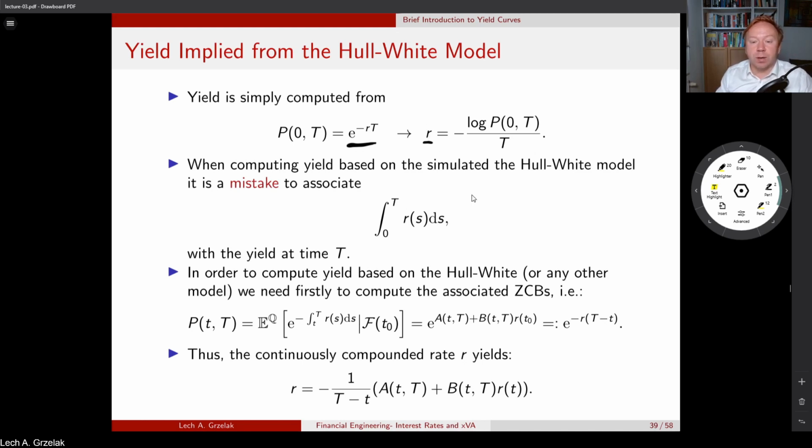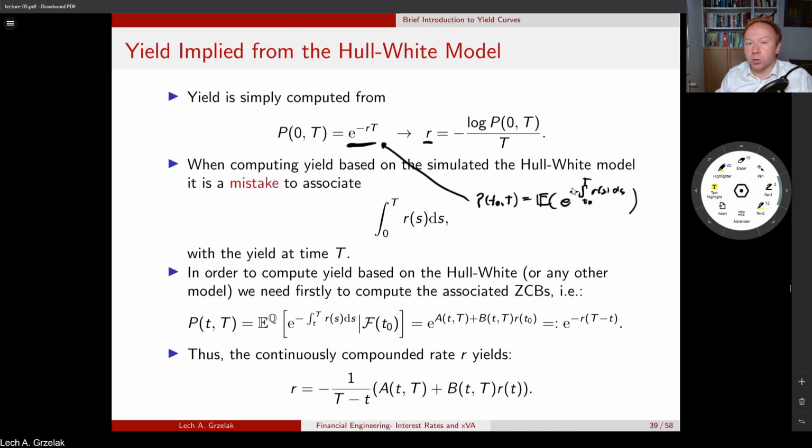Something I have already mentioned before: if we have a zero coupon bond P(T0,T) as the expectation of exp minus the integral from T0 to T of r(s) ds, taking just the expectation of the integral is not equivalent to the expectation of the whole term. So if we talk about the yield, we always have to go through this expression. We cannot just take the expectation of the exponent. I have seen this mistake multiple times, so please be alerted.